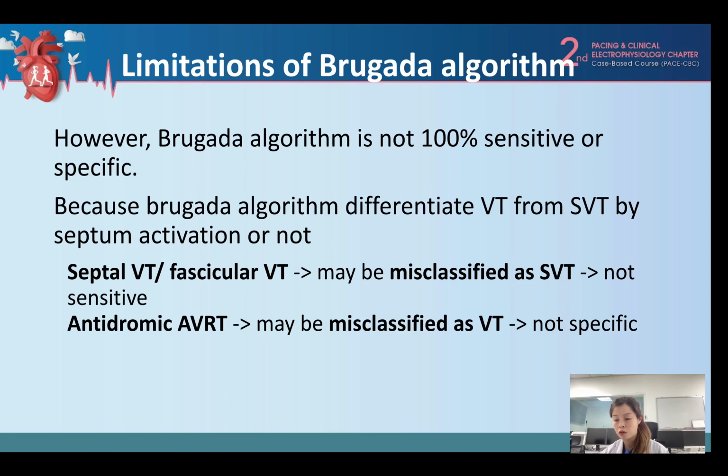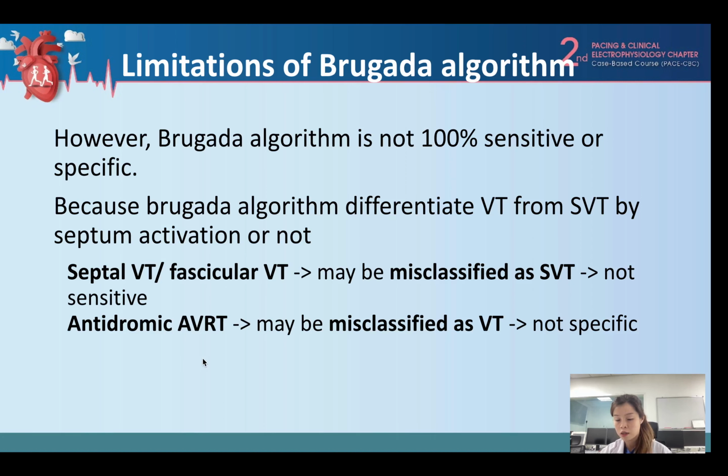However, bear in mind that no algorithm can be 100% sensitive or specific, as Brugada algorithm differentiates VT from SVT by whether the ventricle is activated by the septum or not. That means, if the patient has a septal VT or fascicular VT, it can be misclassified as SVT.